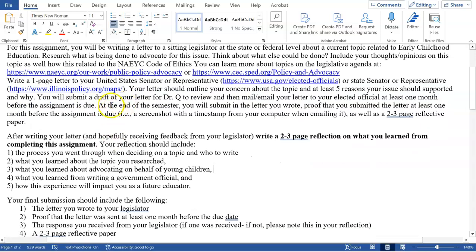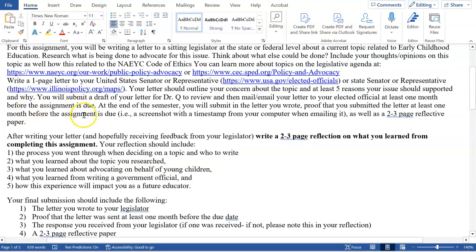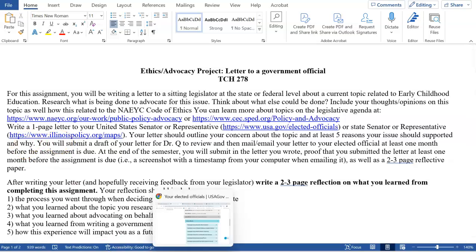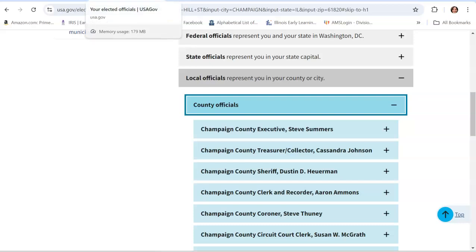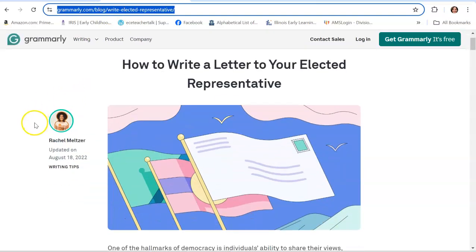All right. So once you figure those things out, then you are ready to draft your letter. So for writing your letter, you should write about your topic, list at least 5 reasons why your issue should be supported, and I've also included here how to write a letter to your elected representative.